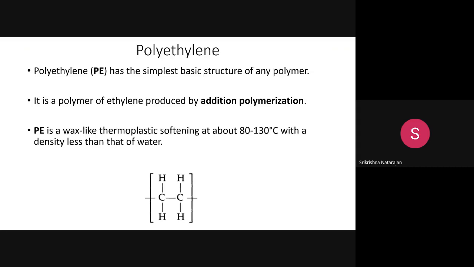It is not like acrylonitrile or the nylon monomer, whatever reactants you are using. You can see fewer elements present in the structure, only carbon and hydrogen. It is a hydrocarbon, and there are no other compounds present in it.